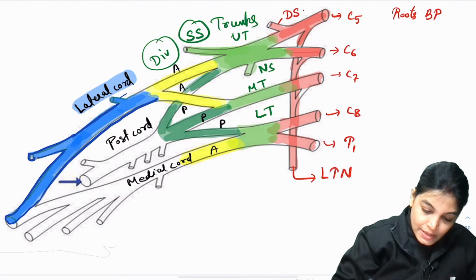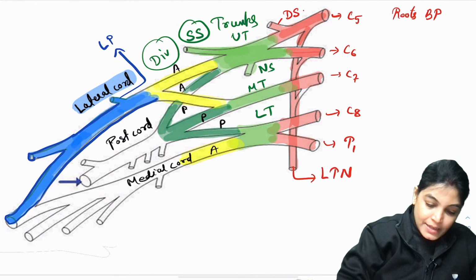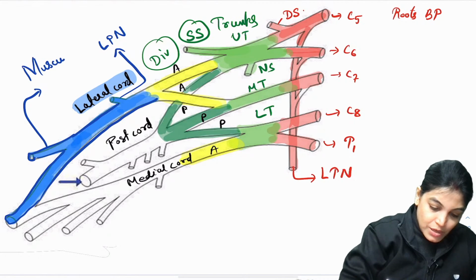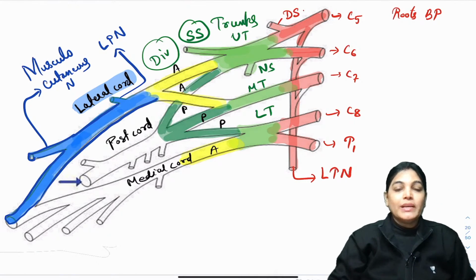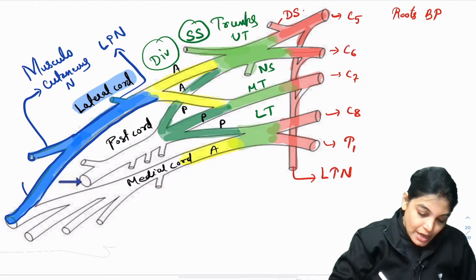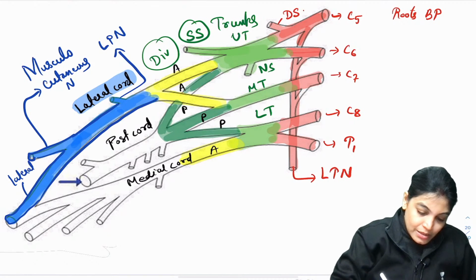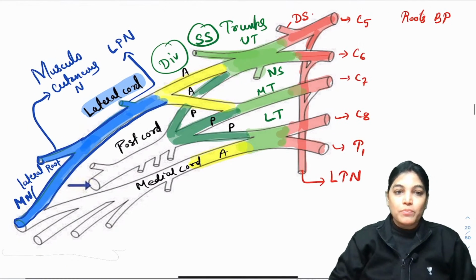This is LPN, lateral pectoral nerve. This is the musculocutaneous nerve. Now this part is the lateral root of which nerve? The median nerve. MN means median nerve. So, this is the lateral root of the median nerve.